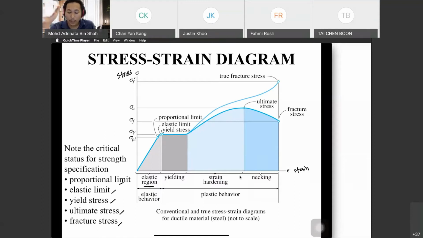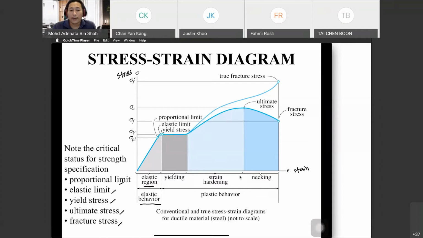And then we have inelastic behavior. If you load, it will elongate, and if you release the load, it will come back to the original state. First is the elastic region.